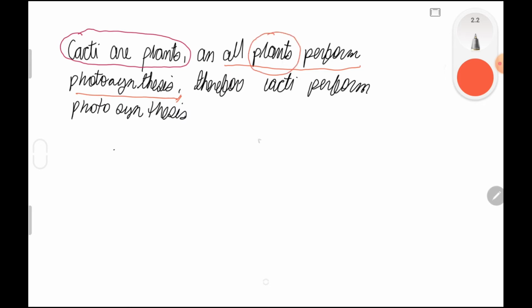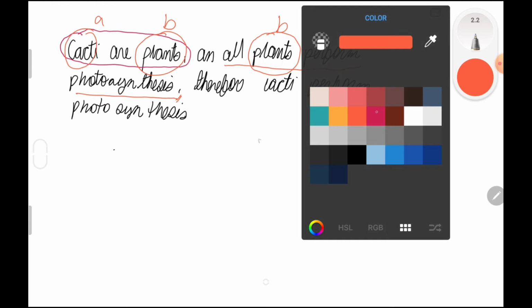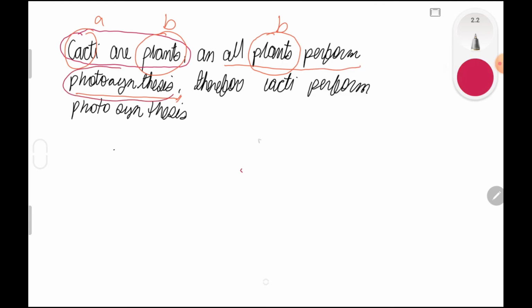So let's say this will be our element B, and B. And cacti will be our element A. And photosynthesis will be our element C. So as you can see, A describes B, and B is described by C, or C describes B, which is that it performs photosynthesis.